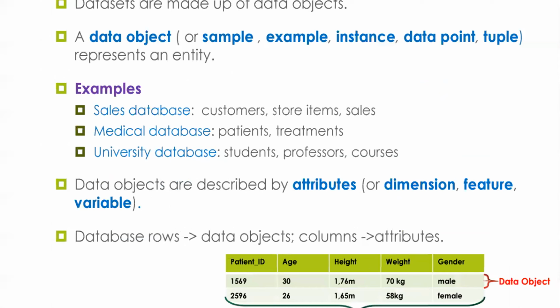In a similar way, in a medical database, the medical database is a data set, and patients and treatments are the data objects. Similarly, a university database is the data set, and the students, professors, and courses are the data objects.